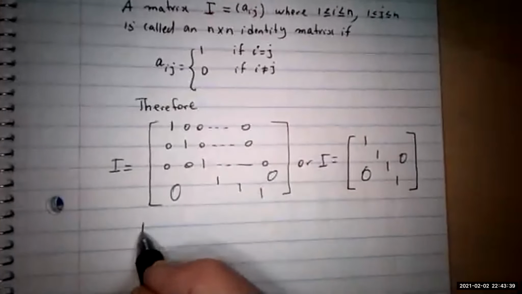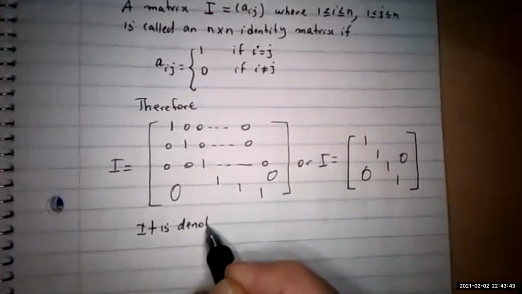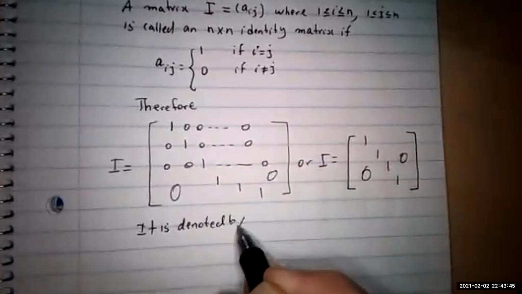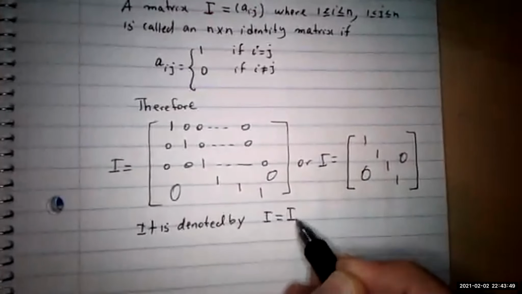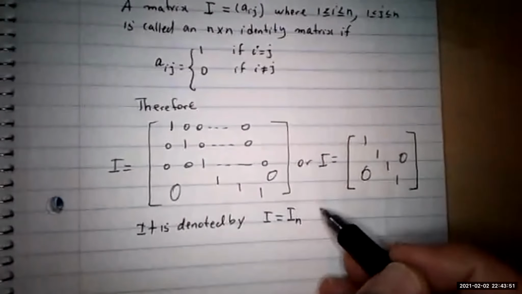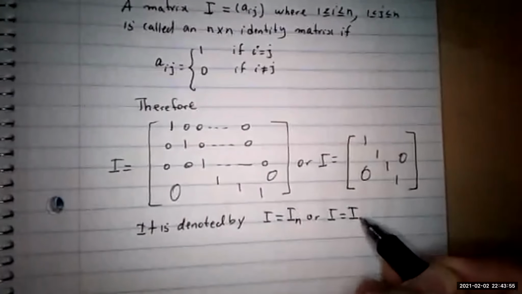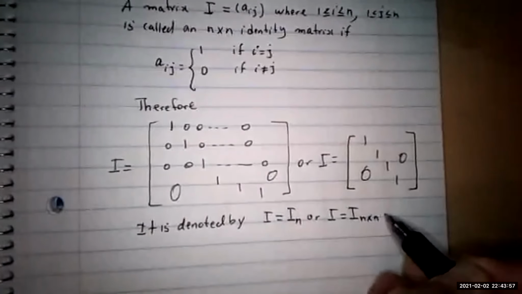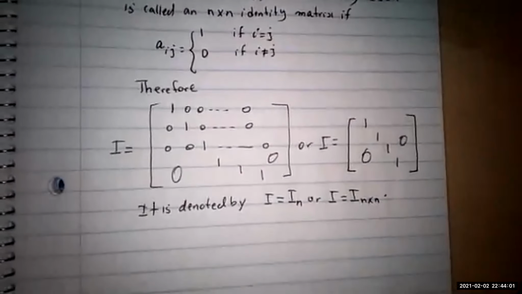It is denoted by I, or I_n, the n by n identity.